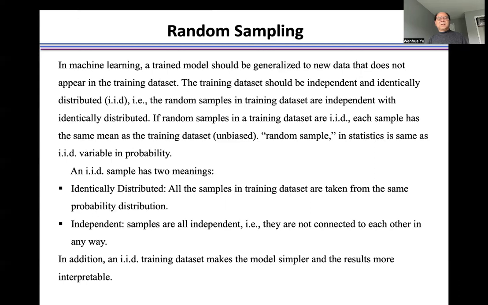In addition, an independent and identically distributed training dataset makes the model simpler. For example, you calculate the joint probability of two samples.